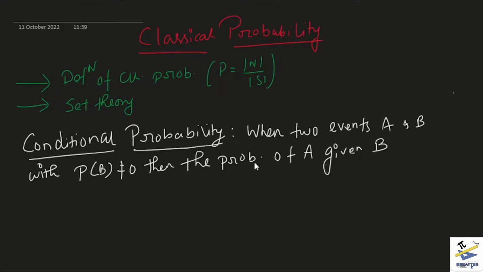So note this part, the probability of A given that B occurs is, now this is the notation for conditional probability, it is probability of A divided by B.